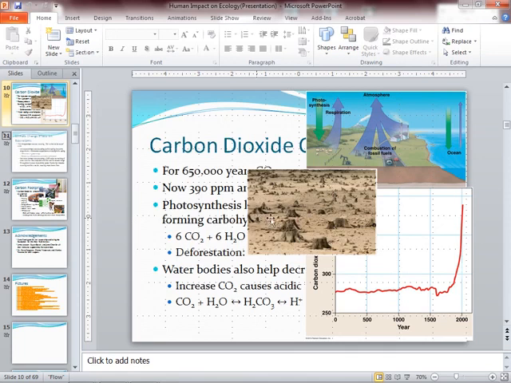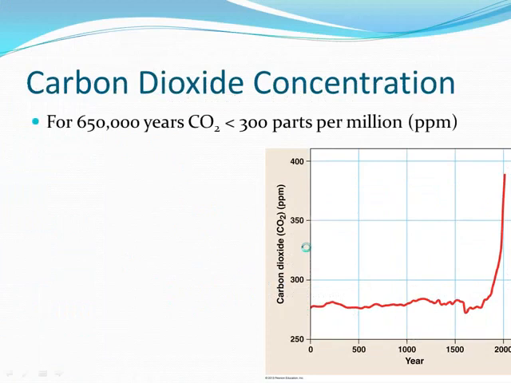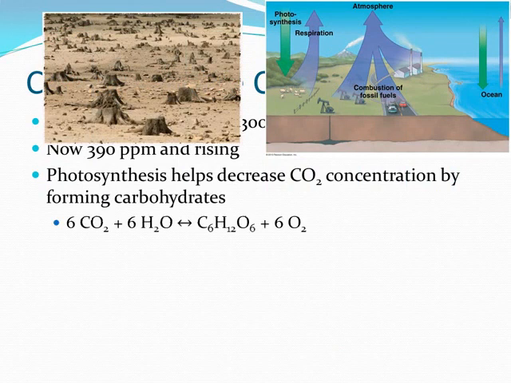But photosynthesis, from what I remember, helps decrease the amount of carbon dioxide concentration. And we said that producers, through photosynthesis, use carbon dioxide and water to form carbohydrates and also oxygen. So it's using this equation here.